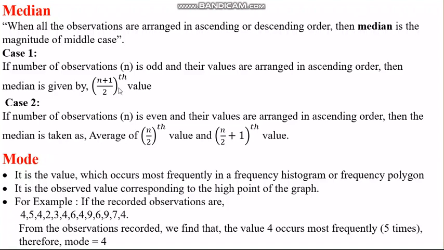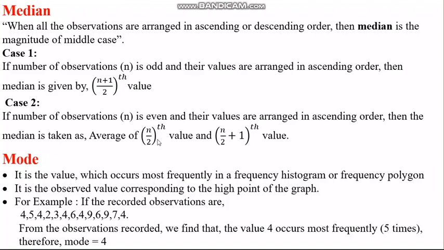Suppose n is 3. 3 plus 1 is 4, 4 by 2 is 2. So that is the central value. You can find it like that. Otherwise, case 2: if the number of observations is even, and the values are arranged in ascending order, then the median is the average of the n by 2th value and the n by 2 plus 1th value. The average of these two.